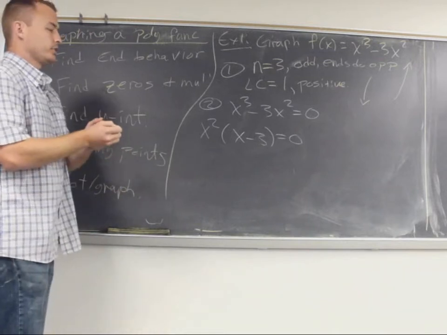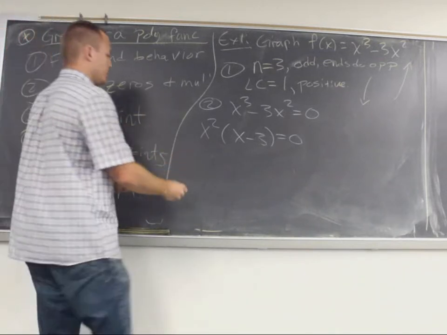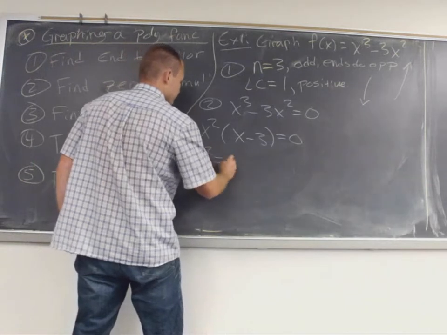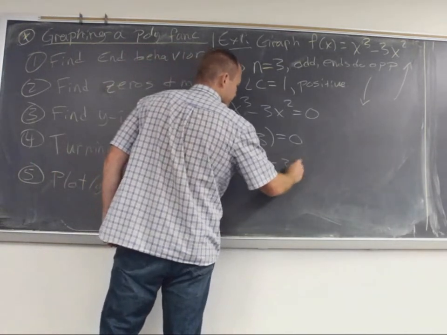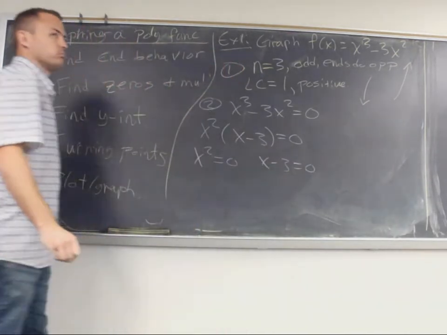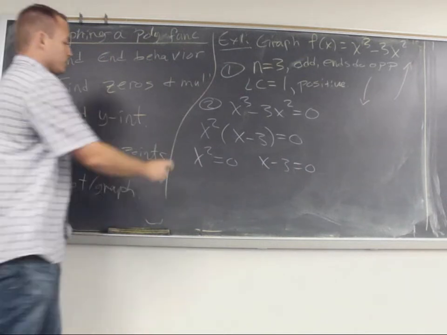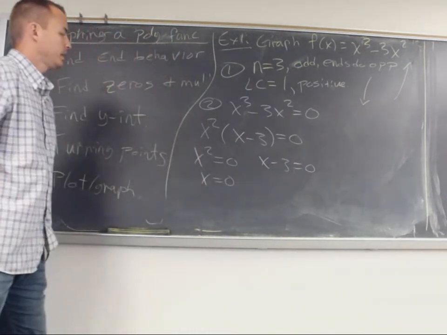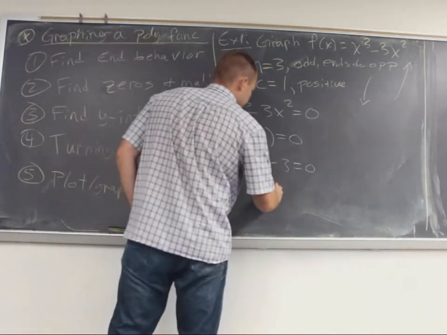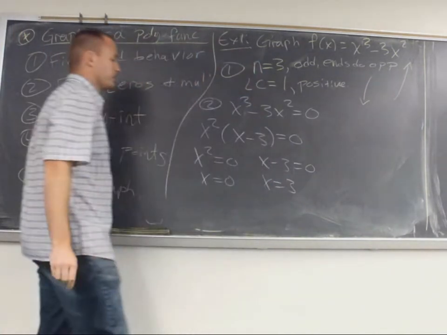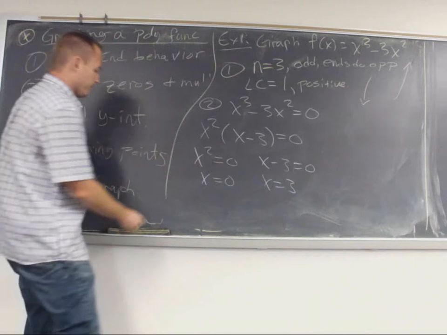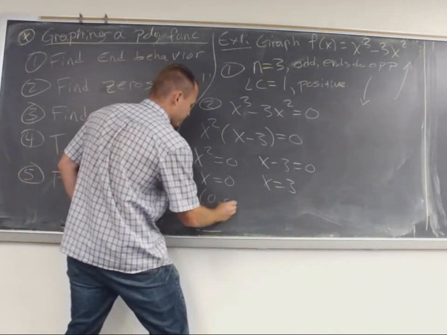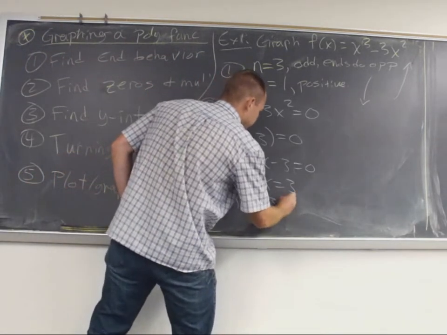Now I can break these two up and set them separately equal to 0. X squared is equal to 0 and x minus 3 is 0. Square root both sides, so I just get x is equal to 0. Add 3 over here, so x is equal to 3. So those are my two, I need to write them as points. 0, 0 and 3, 0.